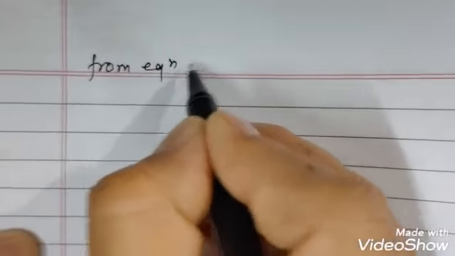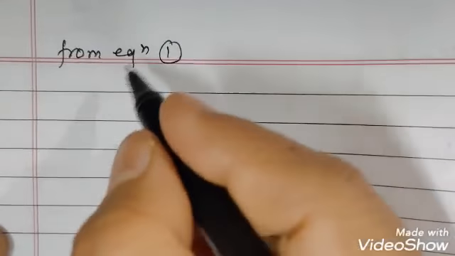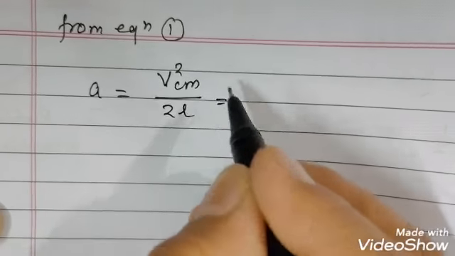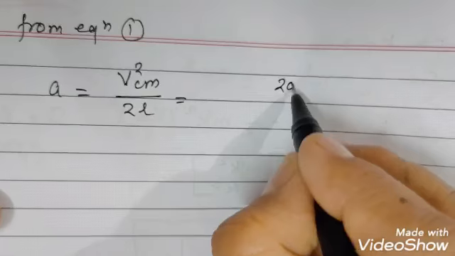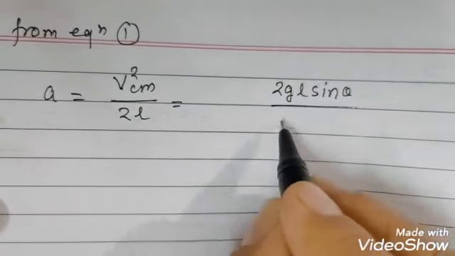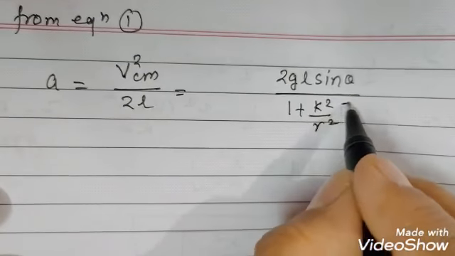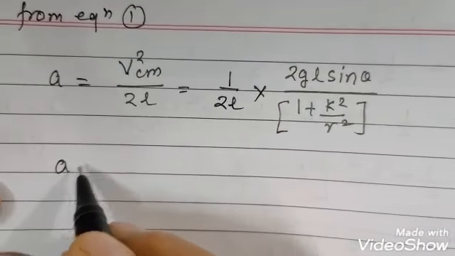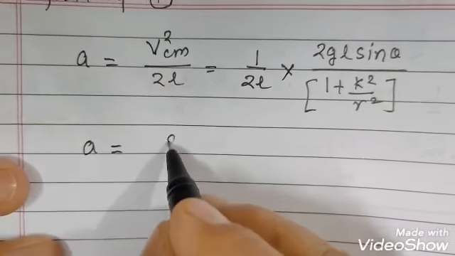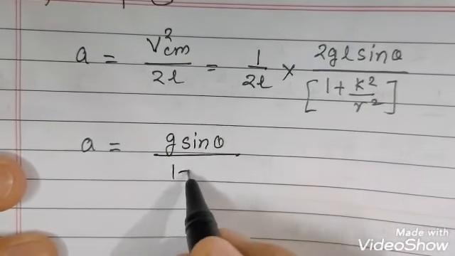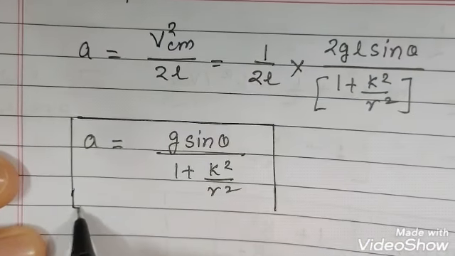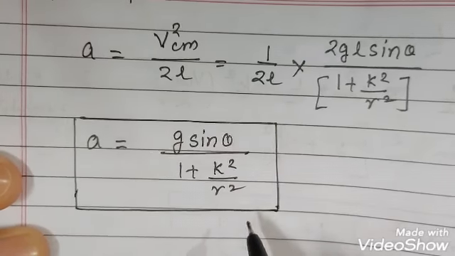This is the formula for the acceleration of a rolling body which is rolling without slipping on an inclined plane.